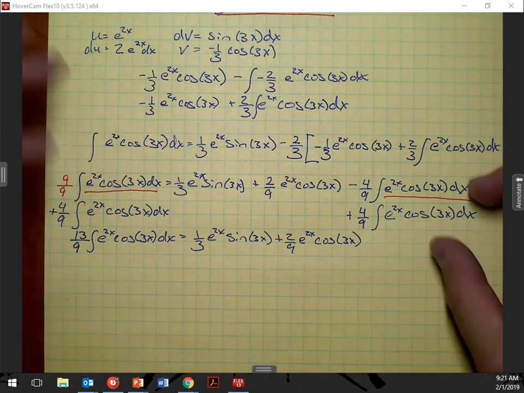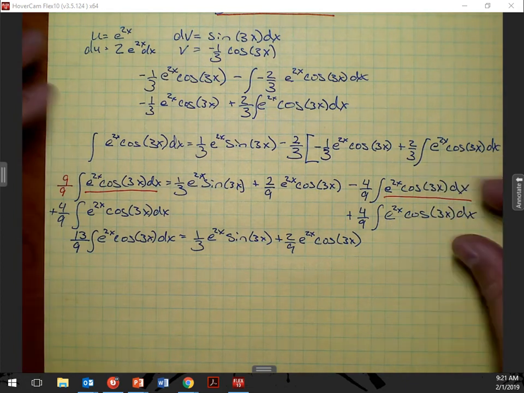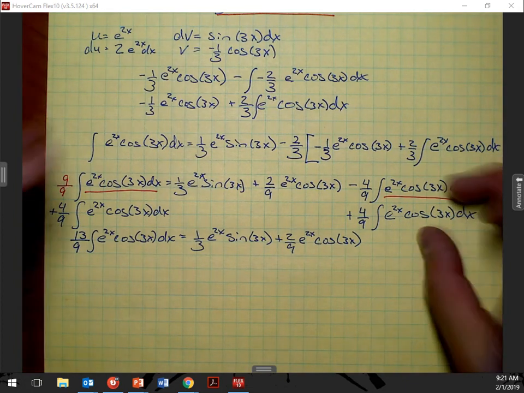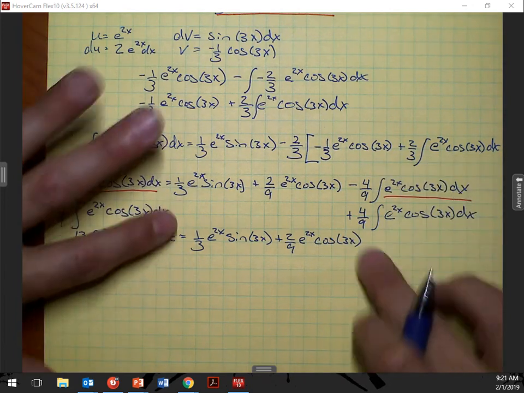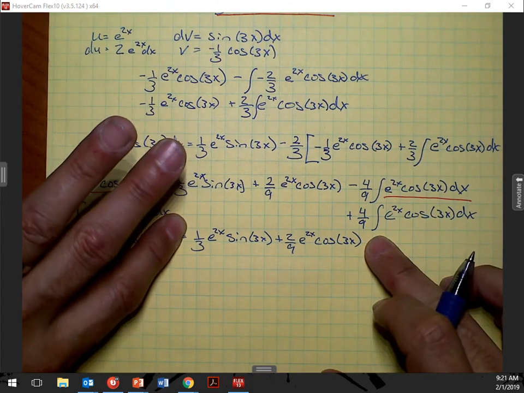So if you notice, that whole integral over here is now gone, so I almost have my answer here.